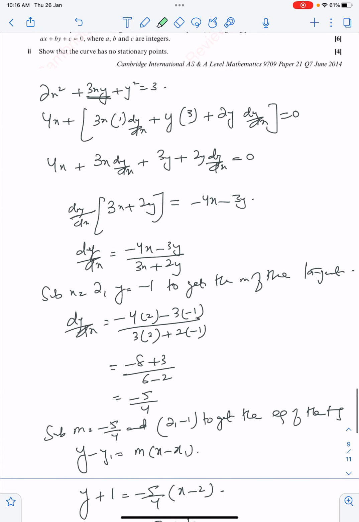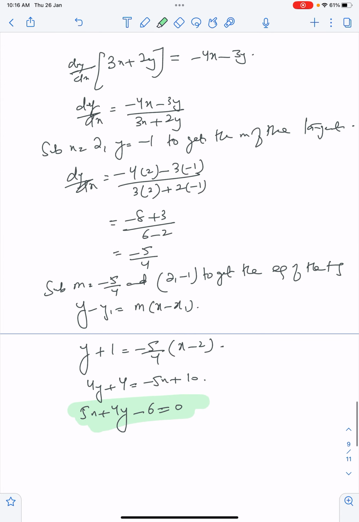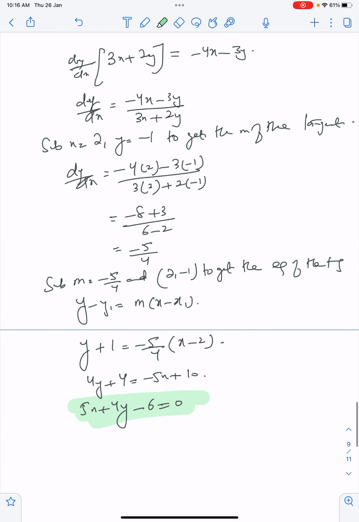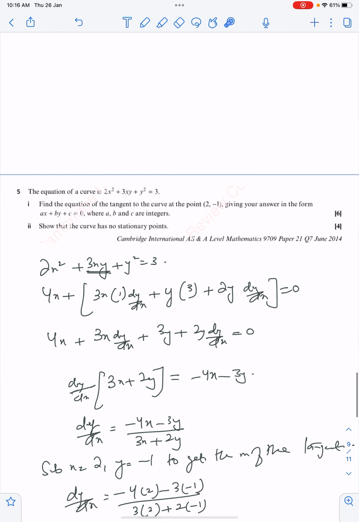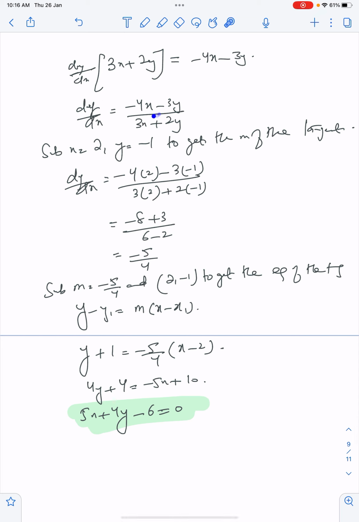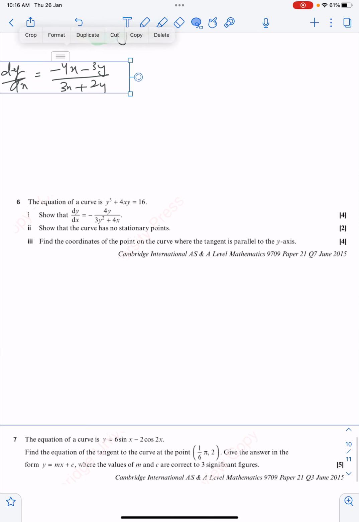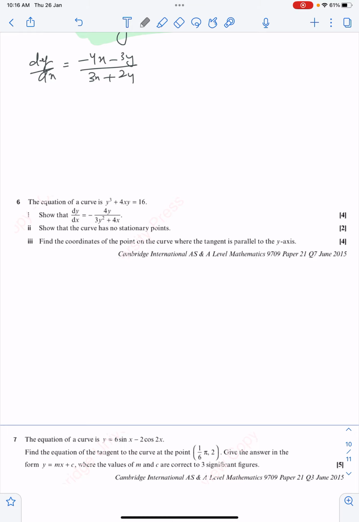Now they are saying to show that the curve has no stationary point. If you make dy by dx equals 0, let's see what we get. At a stationary point, we know dy by dx equals 0.